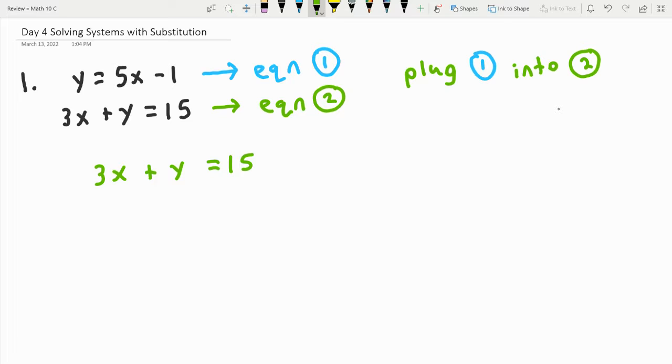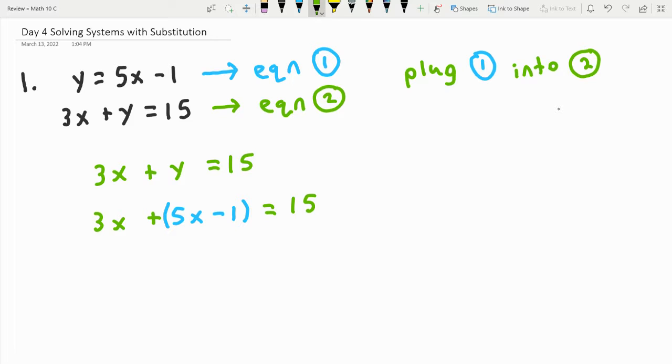Now I'm still going to write 3x, but when I get to this y here, because equation 1 is y equals 5x minus 1, instead of plugging in y here, I'm just going to plug in 5x minus 1. And I'll let that equal 15.